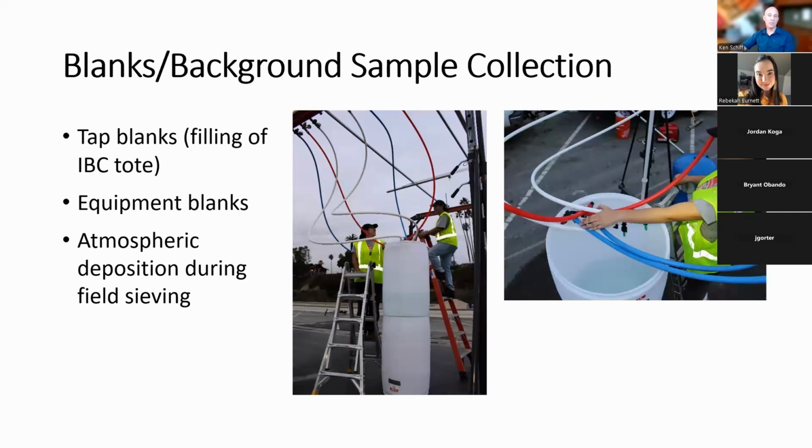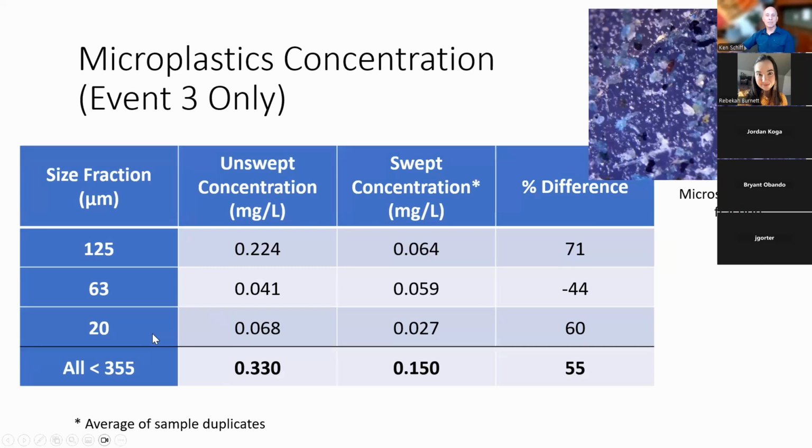In the field, we do blanks of the water before we run it through our system, blanks of our sample after it runs through the system, and sample blanks of just what's falling out of the air next to our sampling system. A lot of blanks. We can talk more about this if you've got questions. But here are some basic results.